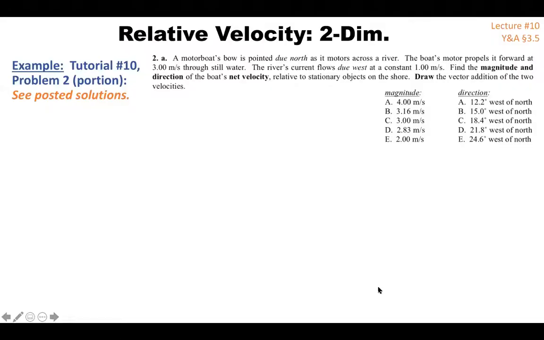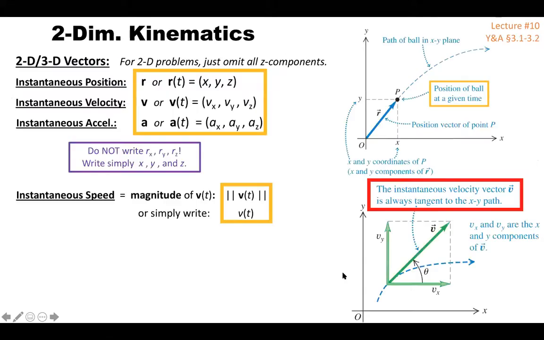Okay, so at this point, we're going to return to the slides and talk about some theory for two-dimensional kinematics. And what I'm going to do is stop the lecture right here.